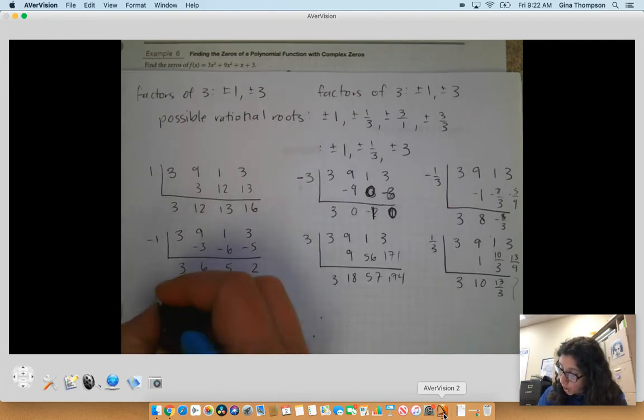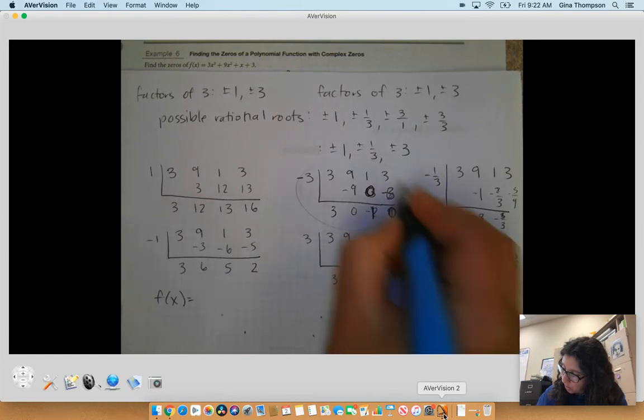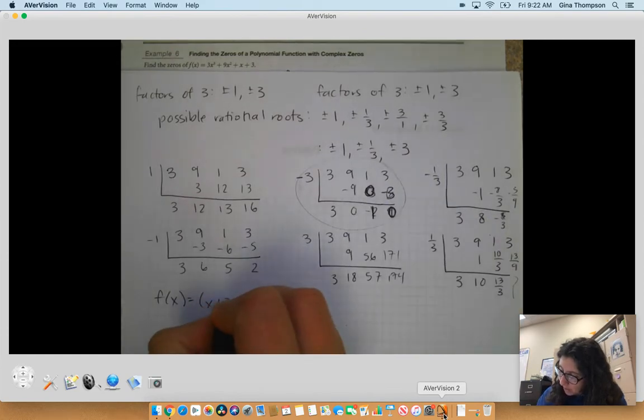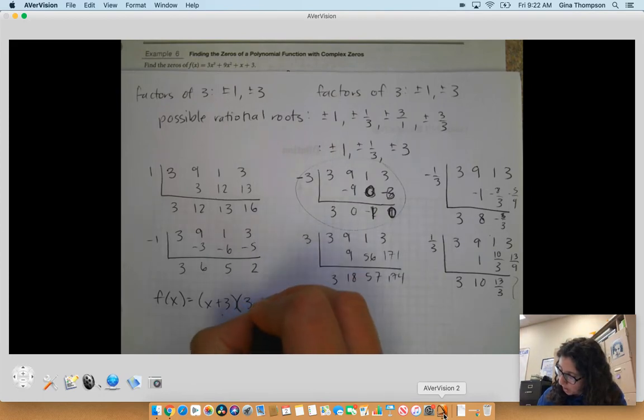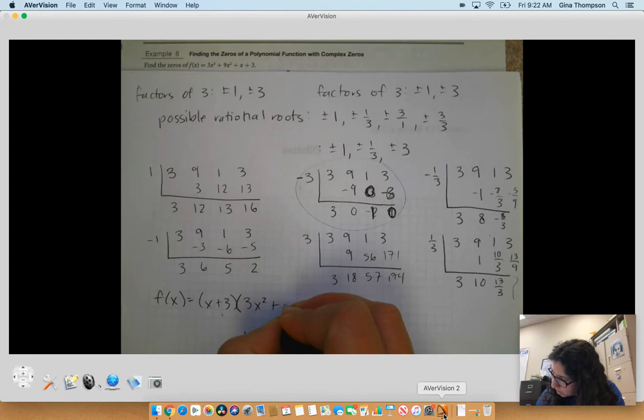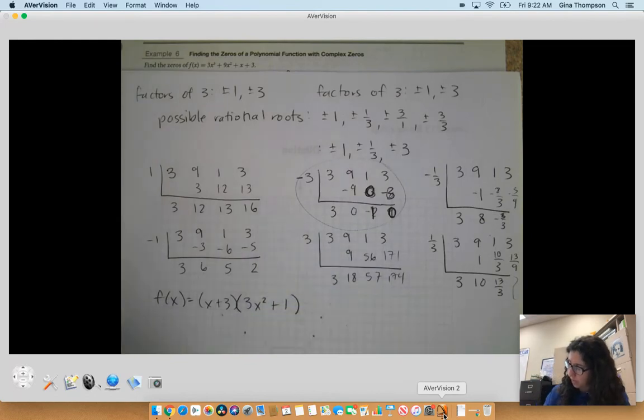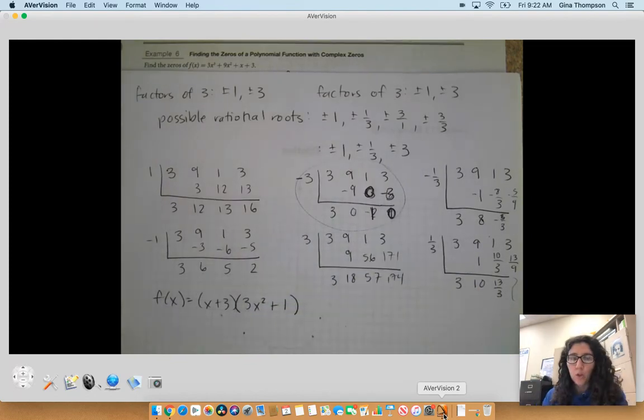All right, so now we know f of x equals, here's our good one, x plus 3 times, what are we left with? 3x squared plus 1. Right, that's a plus 1. 3x squared plus 1. It's a quadratic. We can solve a quadratic, right?